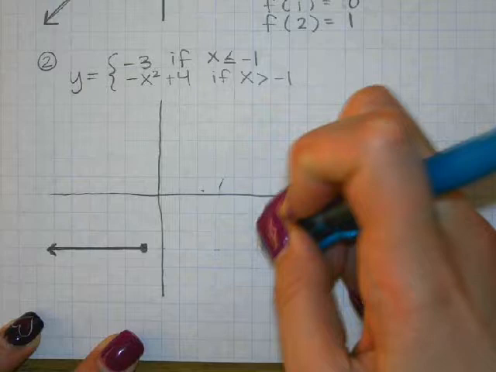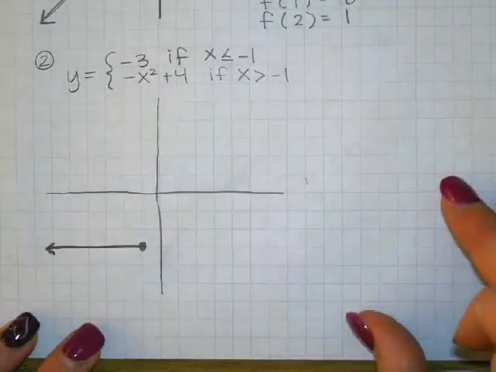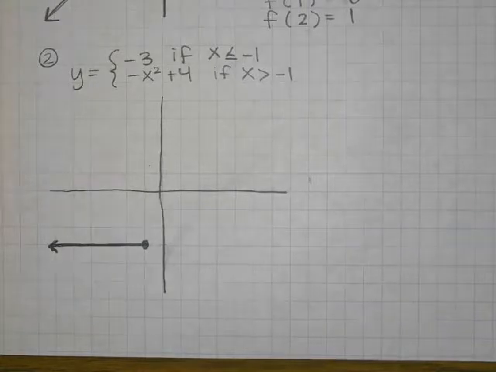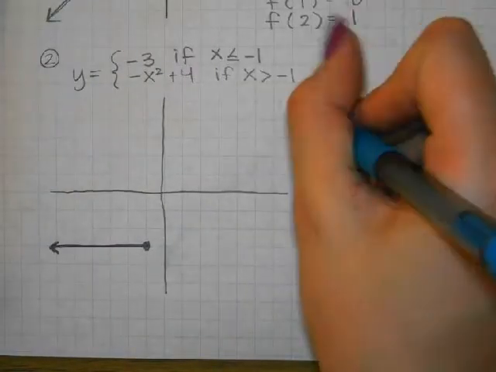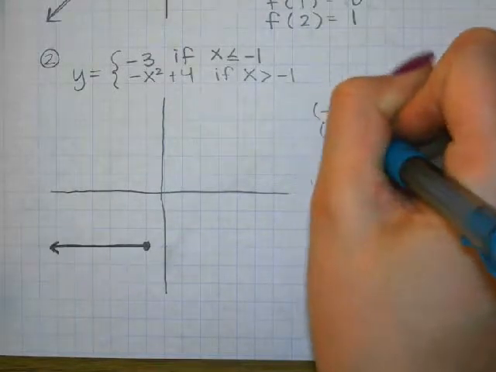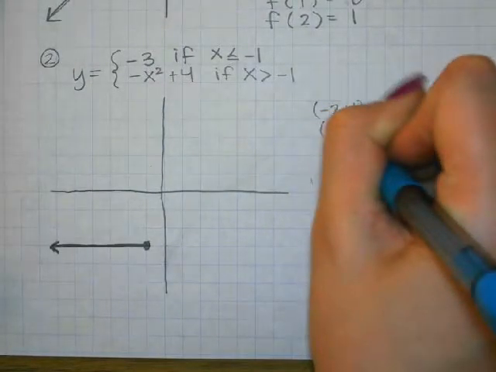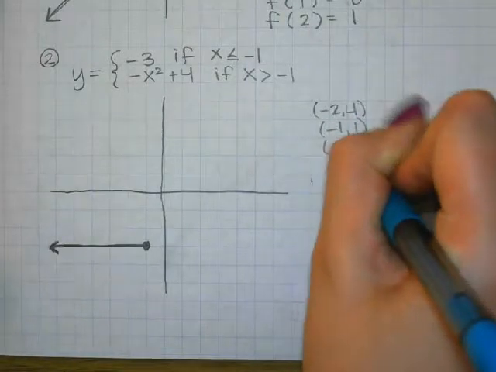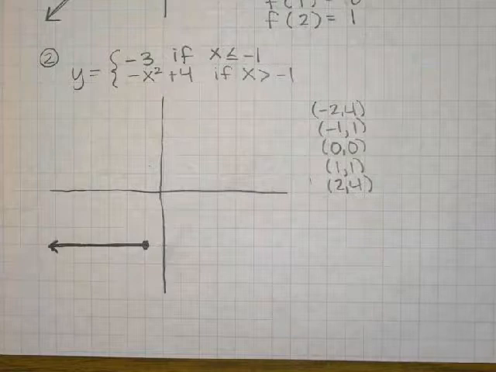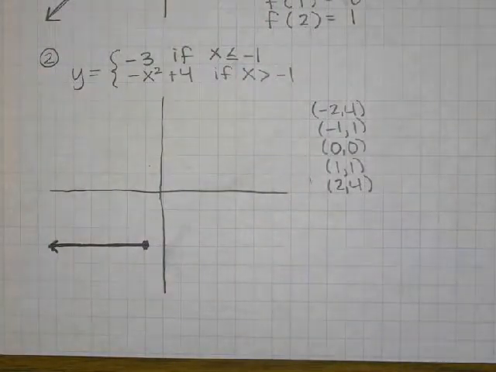All right, so that's what we have. And then the other graph that we have is a quadratic again. So I'm going to go ahead and take my points. And what are the transformations that we have to do to those points?